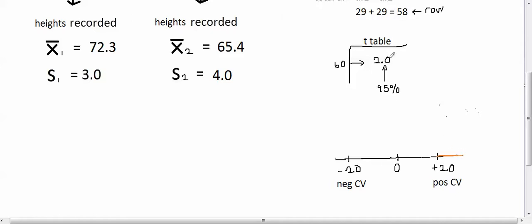It's called the positive rejection region. So I put RR for rejection region. This area down here that starts at the negative critical value is our negative rejection region.